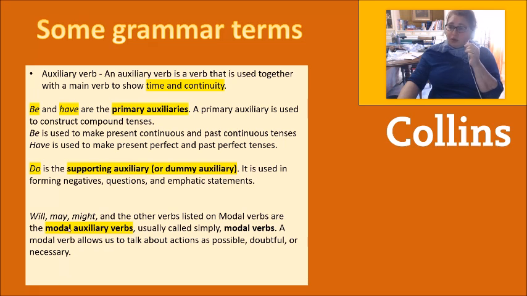And with modals, generally when you ask, can you dance? Should you go? Would you come to my party? Or will you open the window?